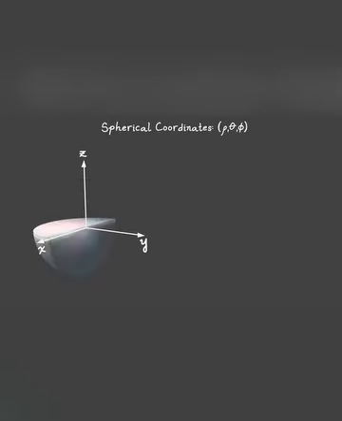The last solid I want to look at is a quarter of a sphere. Again, rho is going to be between 0 and 1, but I want you to think and see if you can figure out what theta and phi are for this solid.